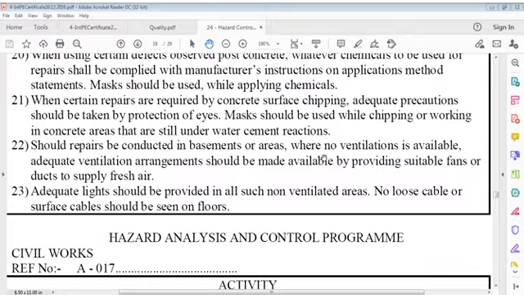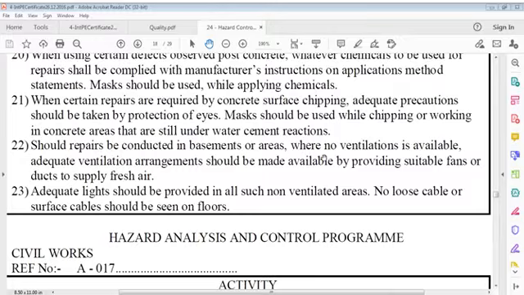Fresh air is very important for everybody, and in basements, if it's not available, you have to provide some system so that natural air enters that area for positive respiration, for avoiding suffocation, so as not to cause dehydration or giddiness.